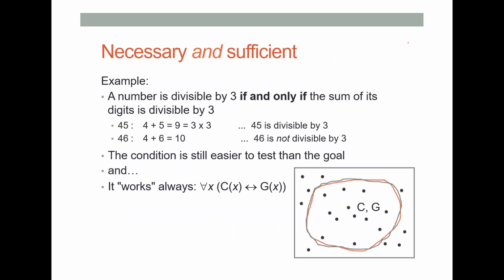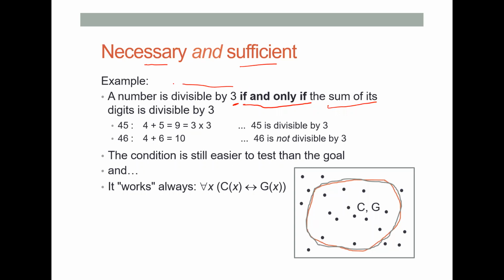The last slide: what if this condition is necessary and sufficient for something? For example, a number is divisible by 3 if and only if the sum of its digits is divisible by 3.